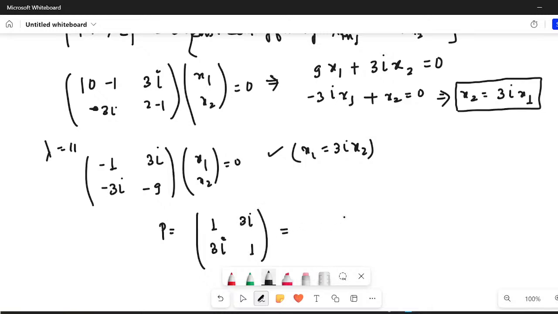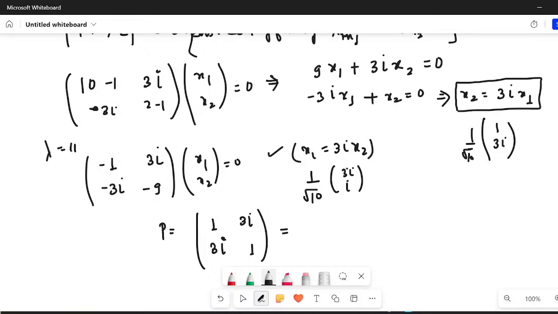And if I want to normalize it, I can normalize it by, for example, I am writing it here so that it's no worry for you. This is 1, 3 iota, and here it is 3 iota and 1, and I can normalize it by dividing it by the modulus square and root over. So I think this would be 1 over root 10 here and here also 1 over root 10, because you see this is 3 iota.